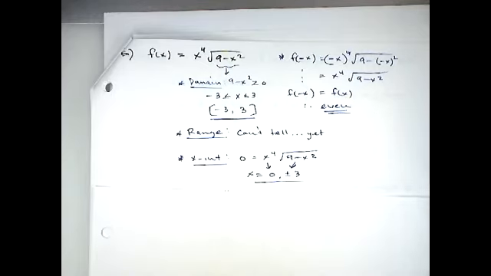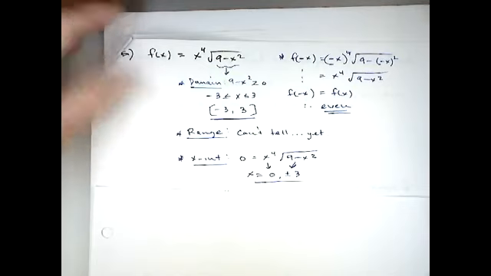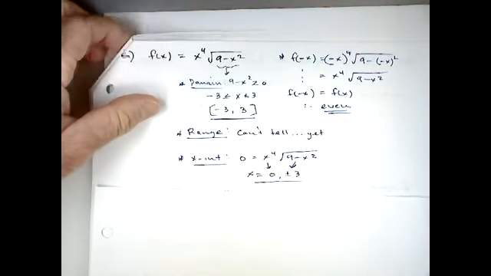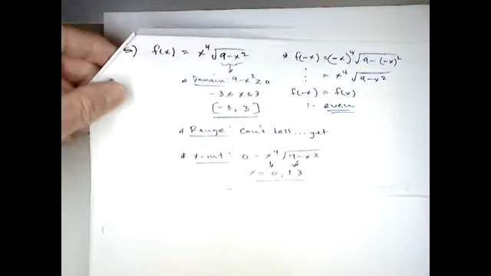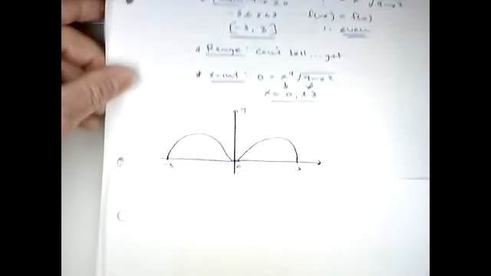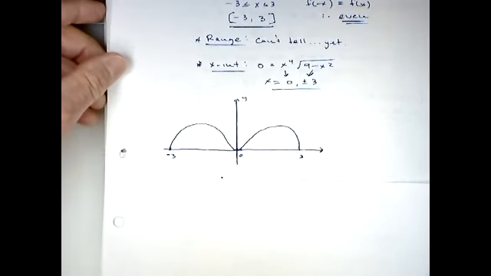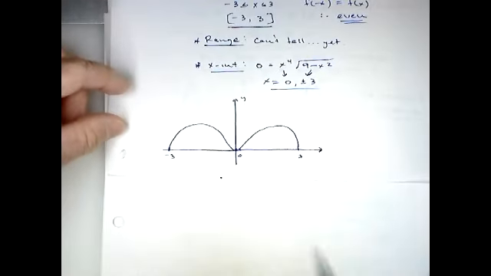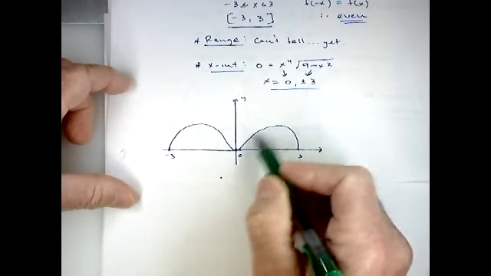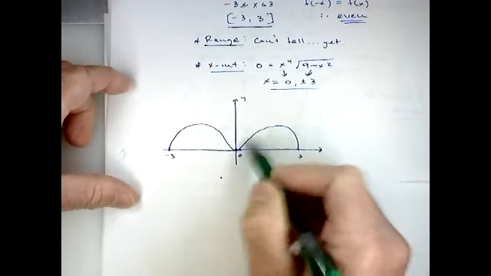Okay, so if you want, pause the video, see if you can get the graph, and I will show you in a couple of seconds. And this is what you should have, something like that. The part that we won't know is, what does this part look like? Does it have more wiggles or whatever?